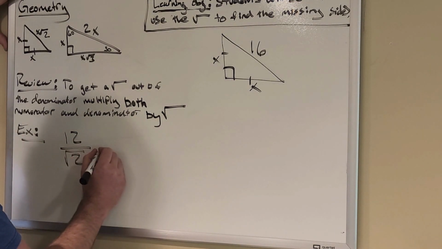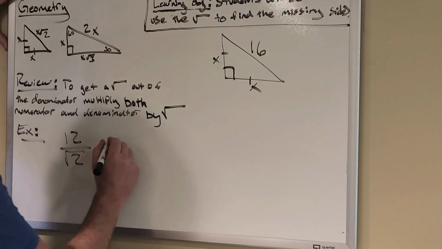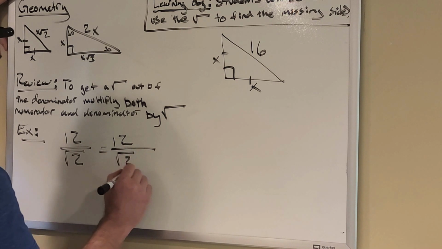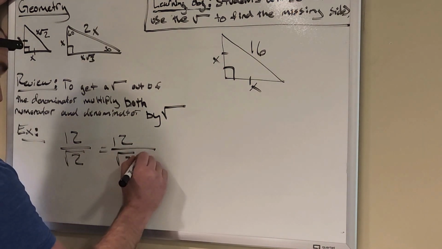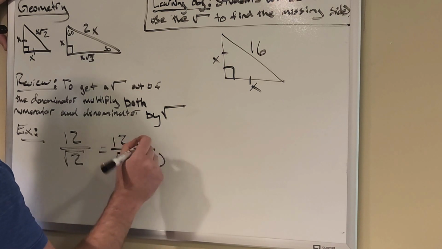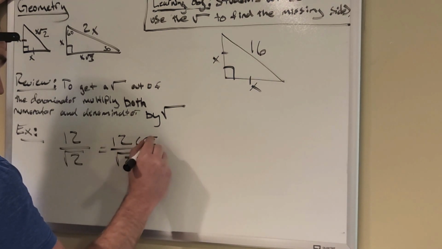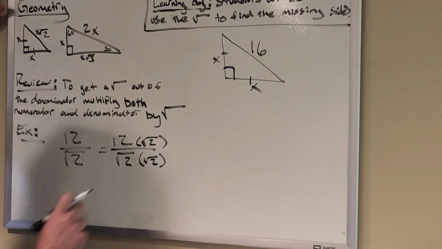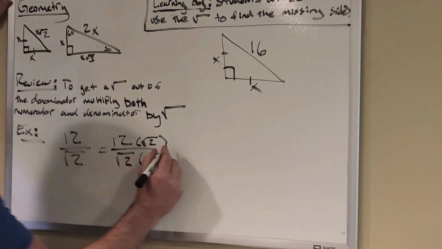So we're going to take a look. I'm going to put the fraction, 12 over square root 2, and then multiply both by square root 2 again. Remember, anything over itself is always 1, so I'm basically multiplying this whole fraction by 1, just rearranging it.